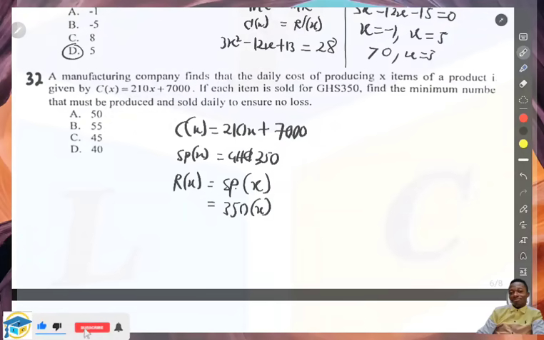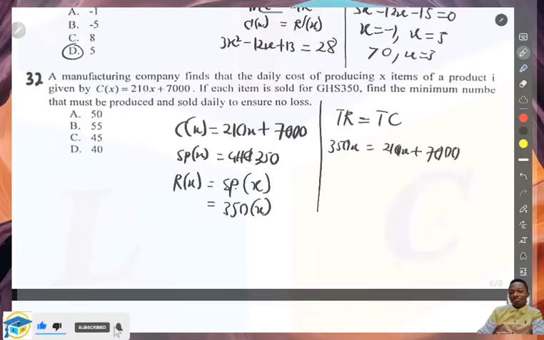So we are saying that at a point where we neither make a loss nor a profit, our total cost is equal to our total revenue. That is the break-even direction that we are moving. So total revenue 350X should be equal to our total cost of 210X plus 7,000.